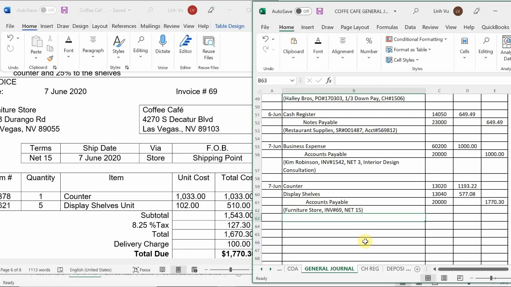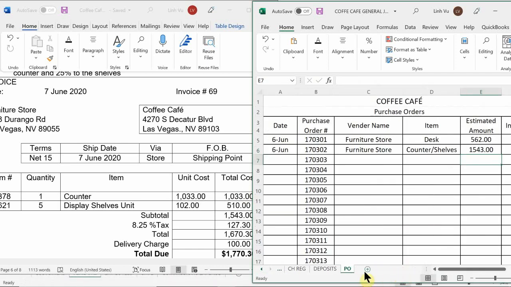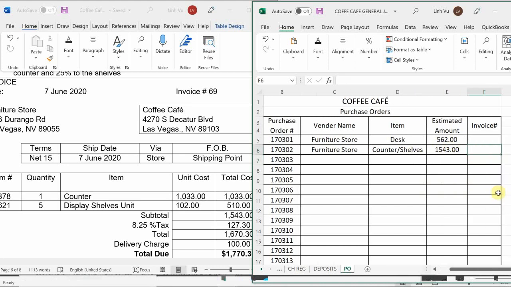All right. So next, I want to make sure I check mark that I received the items that I purchased. I'm going to go to my purchase orders first, because I need to make sure that, yes, I received my counter and display shelves. But I'm still pending on my coffee brewer and coffee grinder.